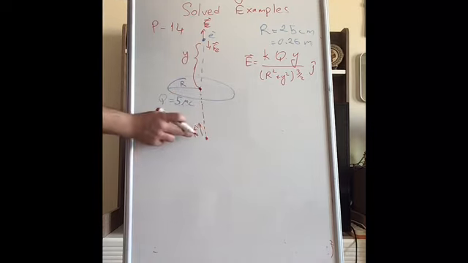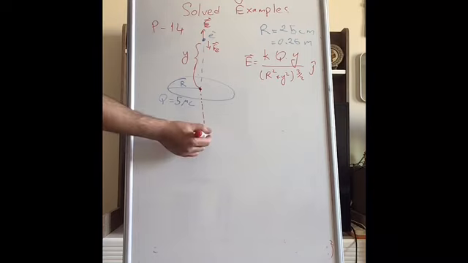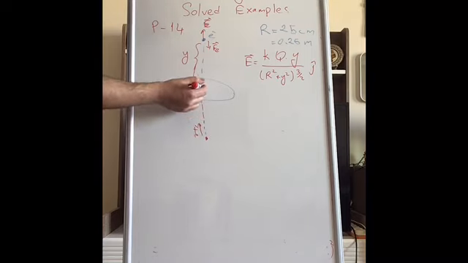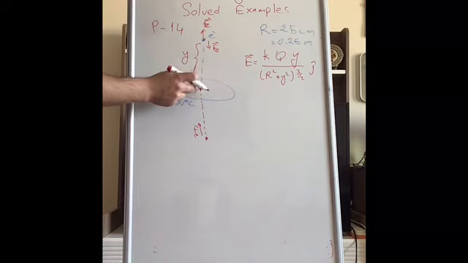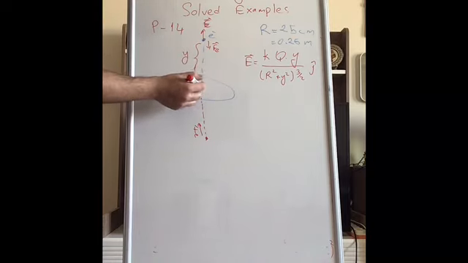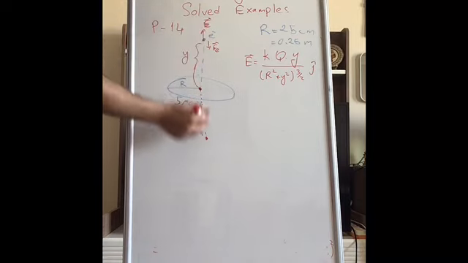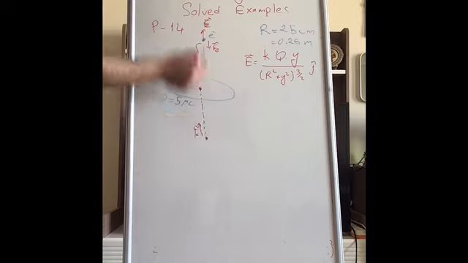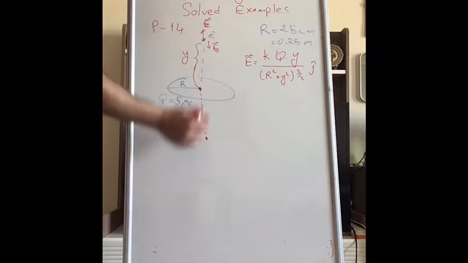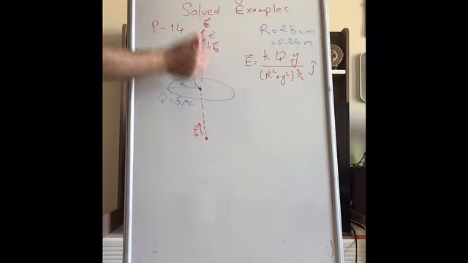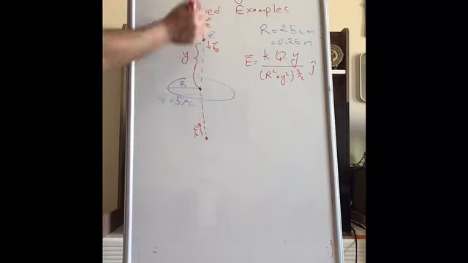But it still has the force, so it starts moving back to the ring, and then coming to the center, again zero electric field, zero force, but it has some velocity. It keeps moving upward, comes to that point, stops, and then it's going to oscillate or vibrate around the ring. It keeps moving up and down, up and down.